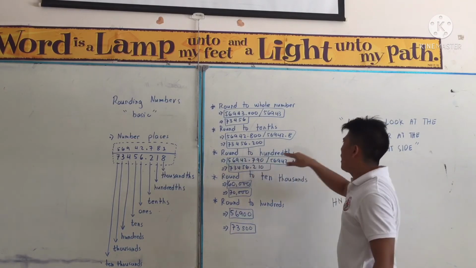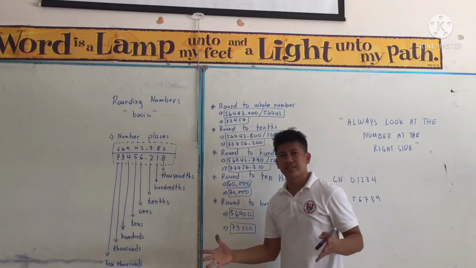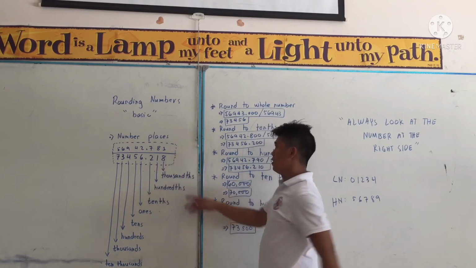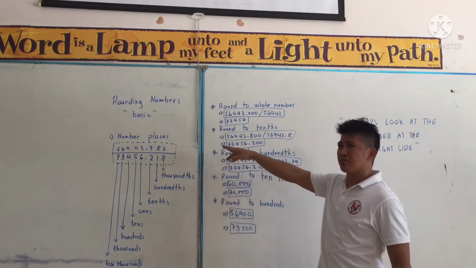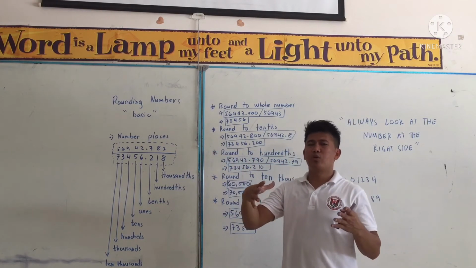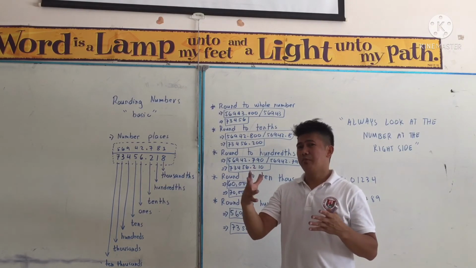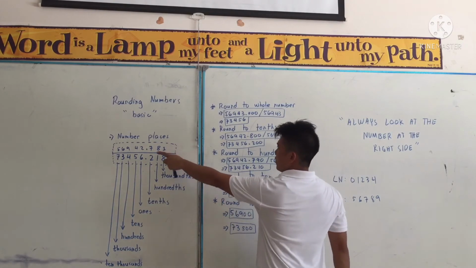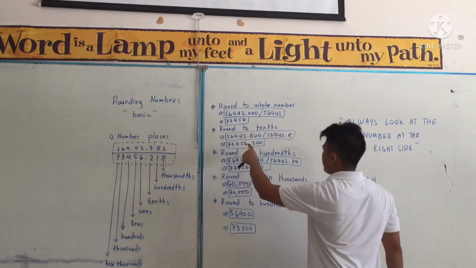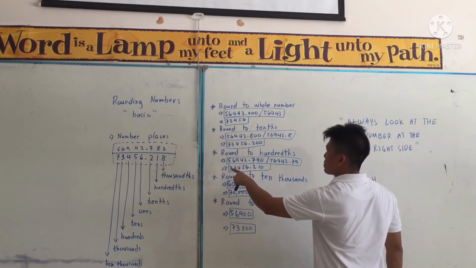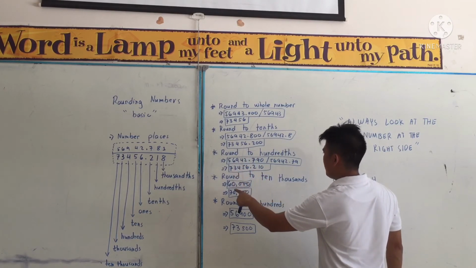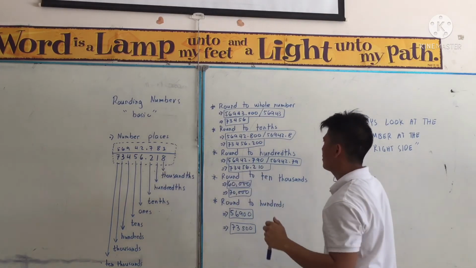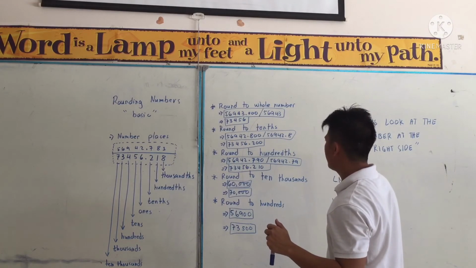Next, round to the hundredths. What is the right side of hundredths? The thousandths, so you have to look at the thousandths. If it belongs to a higher number, you add 1. If it belongs to the lower number, no need to add. Oh, sorry, I made a mistake here.